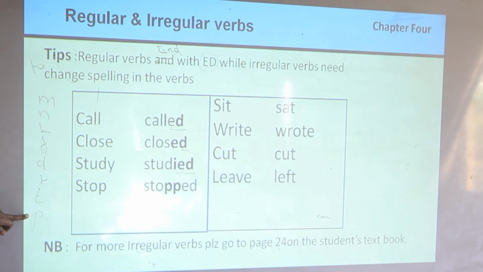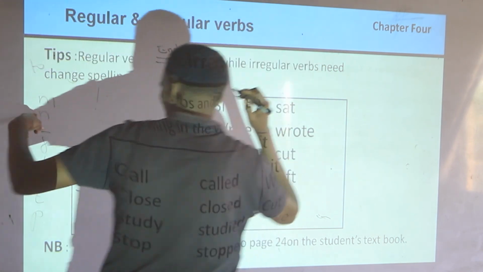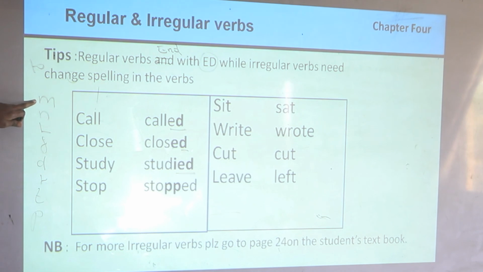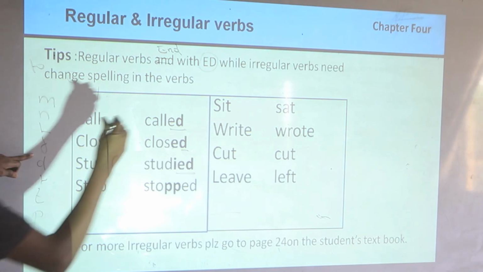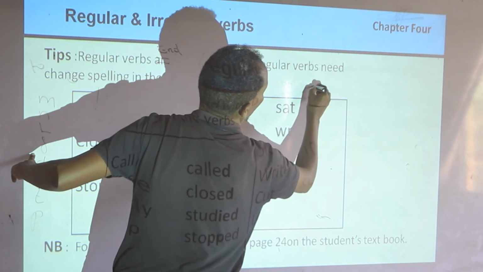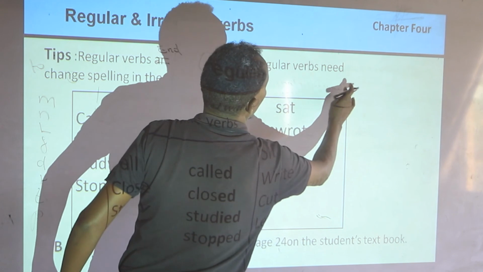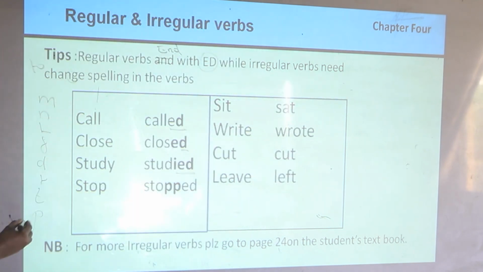We have a D, right? We have a P and T. Another P, and the P for book, right?